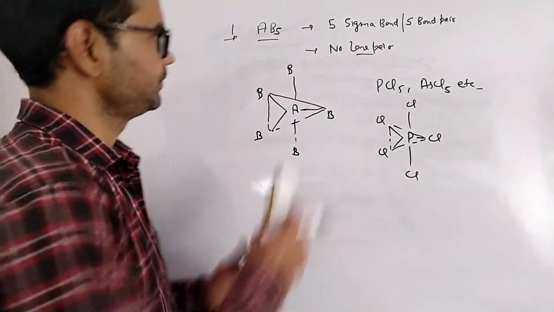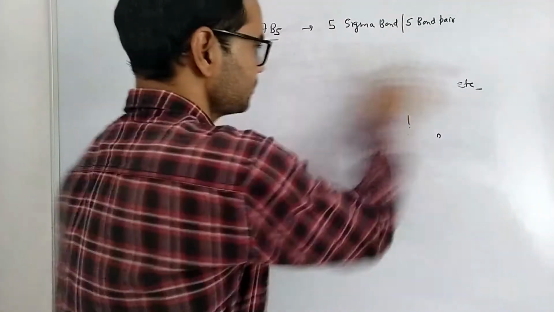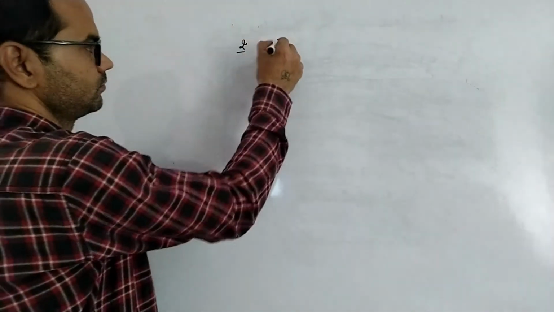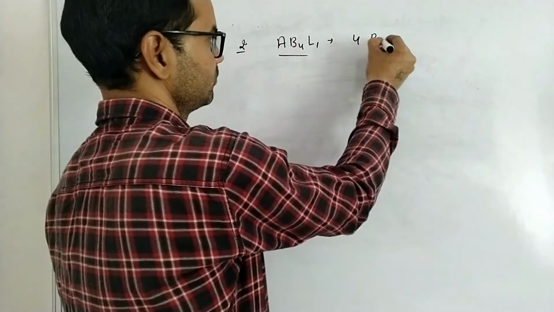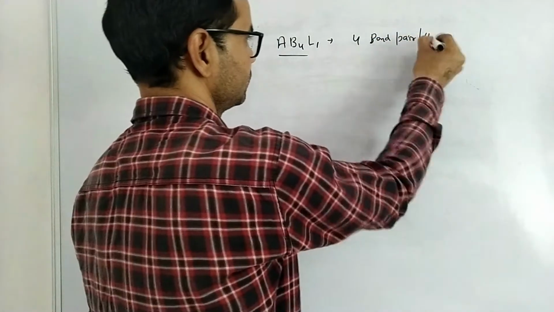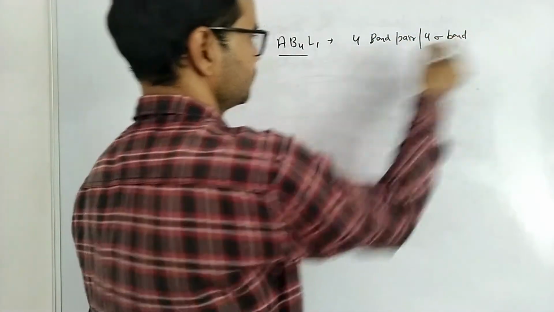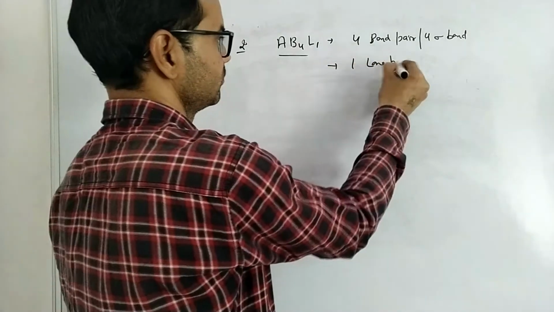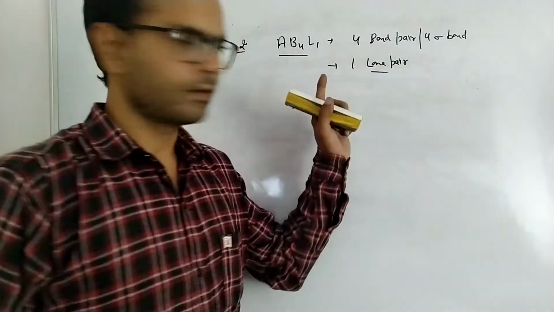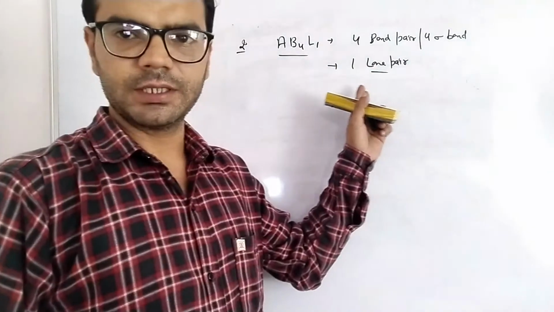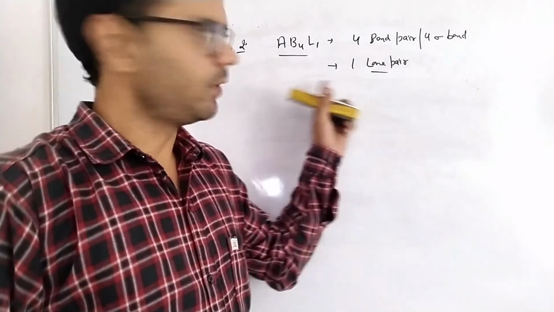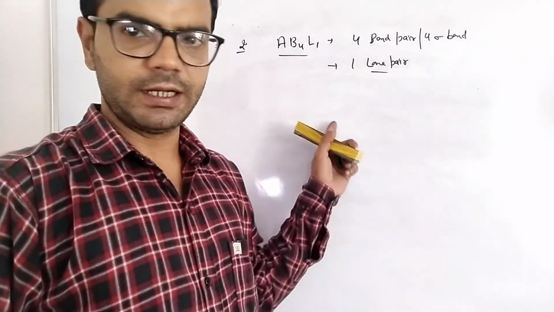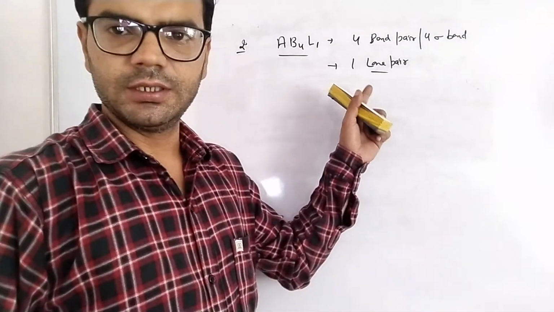Next possible case is 4 bond pairs and one lone pair. Consider lone pair as a sigma bond. So again hybridization is sp3d. But now we have to arrange lone pair on the equatorial triangle to minimize the lone pair bond pair repulsion.